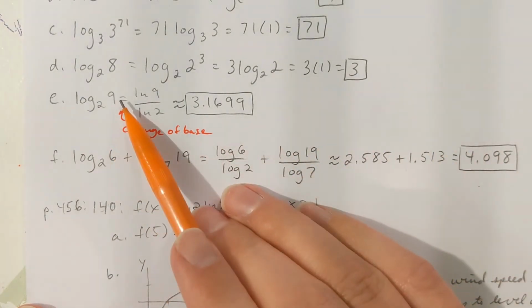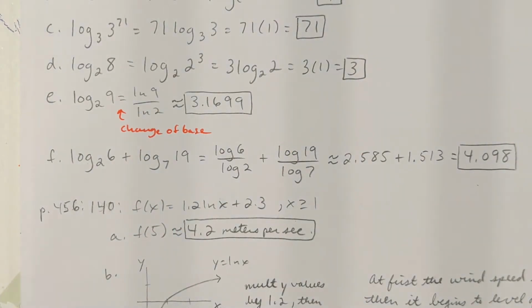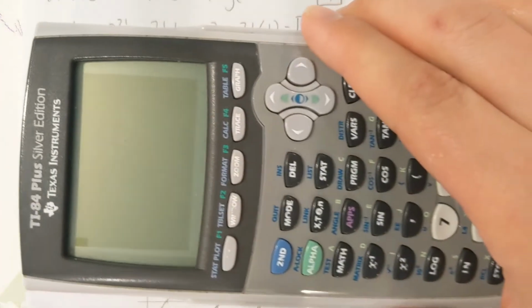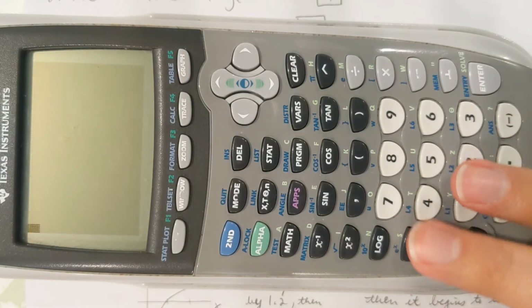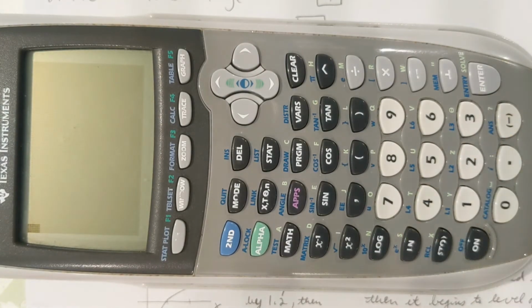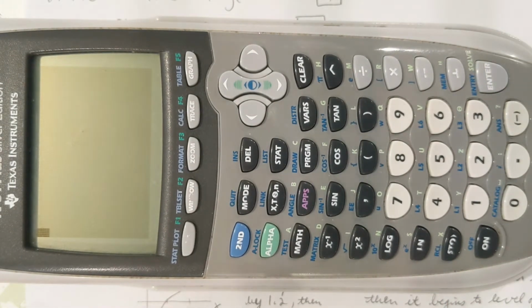And so log base 2 of 9 would be equal to the ln of 9 over the ln of 2. Now the nice thing about changing the base to base e is that I can now go to the calculator and I've got an ln button here. Most calculators have an ln button. Even the cheap $5 Walmart calculators have an ln button. It's just finding it.